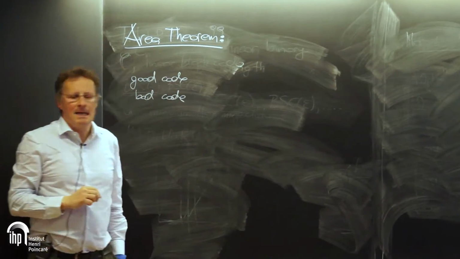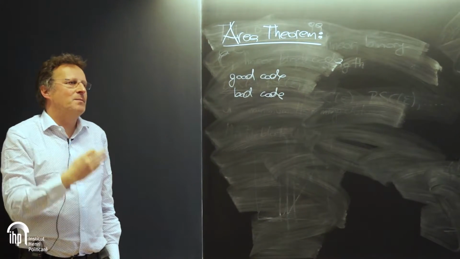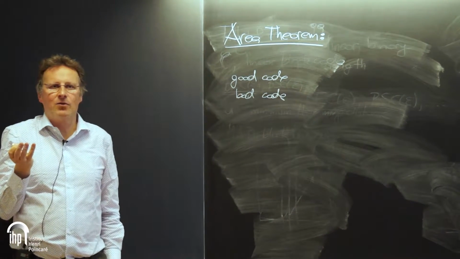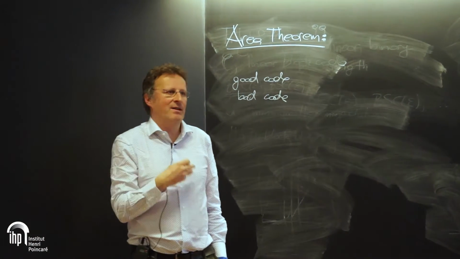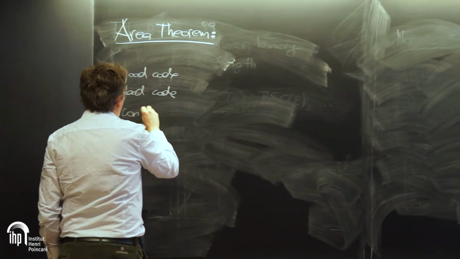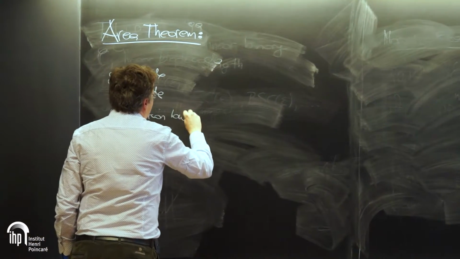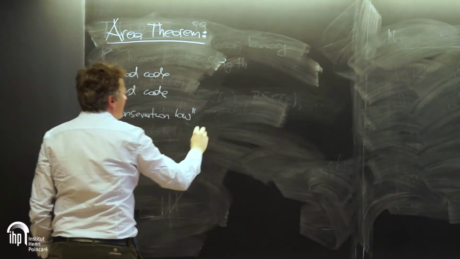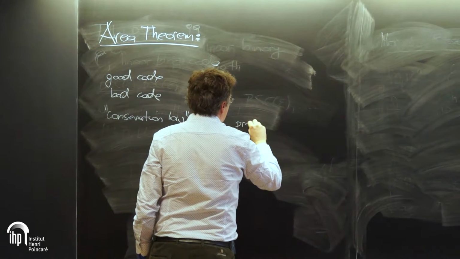At least in the picture that I'll tell you here, the point will be that there is no such thing as a good code or a bad code, okay? This doesn't exist. There are only codes that have different characteristics, okay? And what I mean is that there's a conservation law, something that stays preserved, and that's always the same and only depends on the rate. So rate will be the quantity preserved.